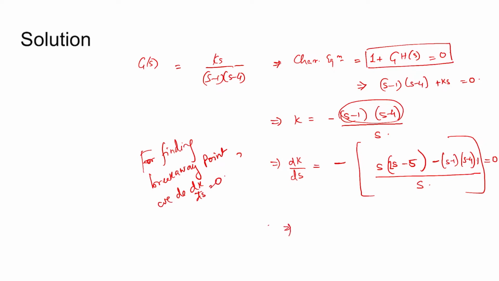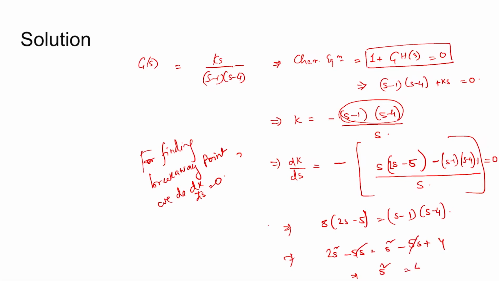So now the s value will come out from s(2s - 5) = (s-1)(s-4), which implies 2s² - 5s = s² - 5s + 4, which implies s² - 4 = 0, so s = ±2.